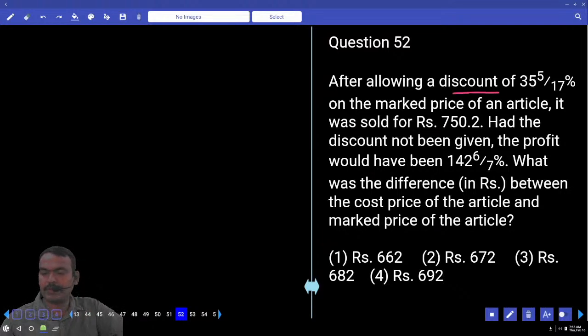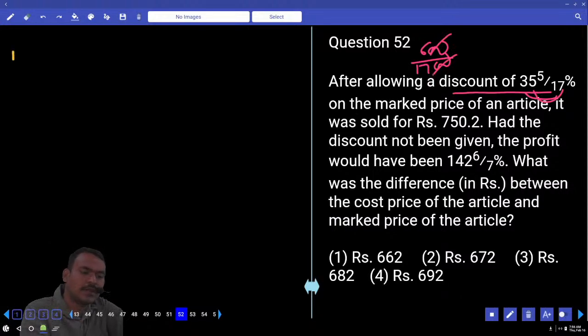What is the discount percentage given? 35/17 percent. 1730 is how much? 510. 17 fives are 85. 510 plus 85 is 595, plus 5 means 600. 600 by 1700, the two zeros cancel.